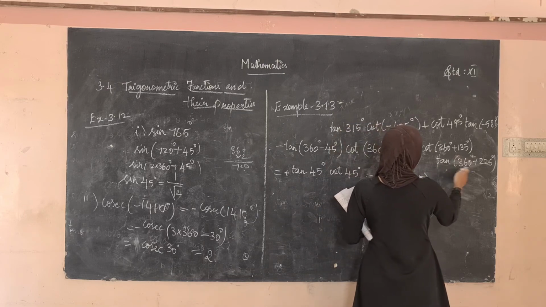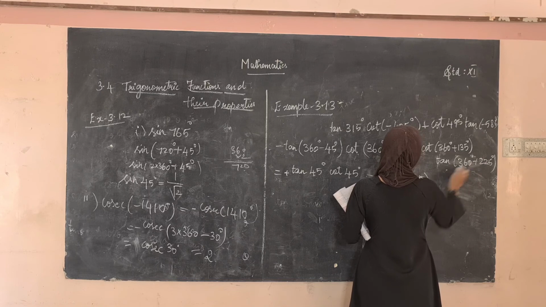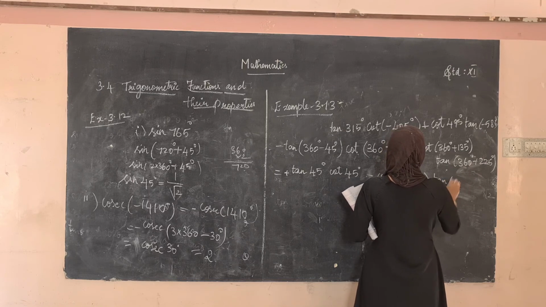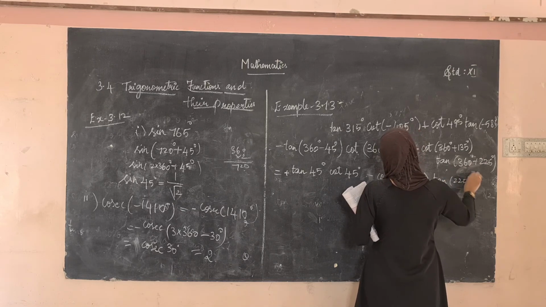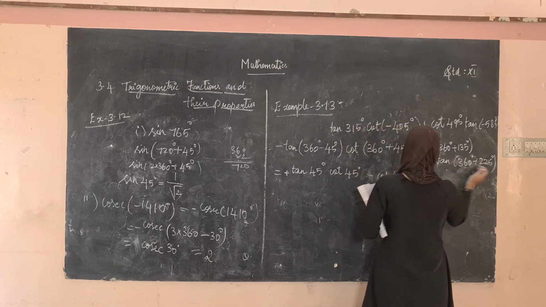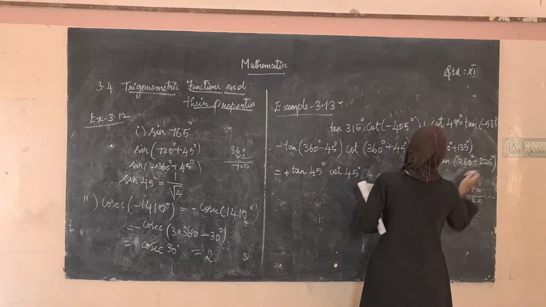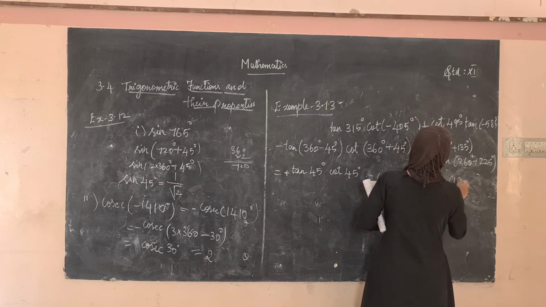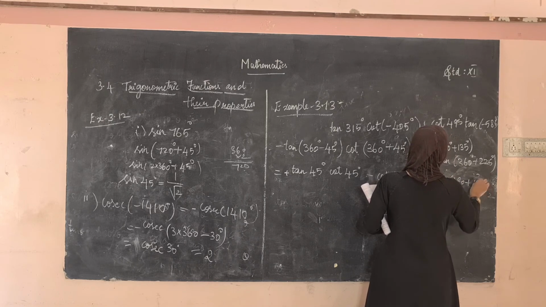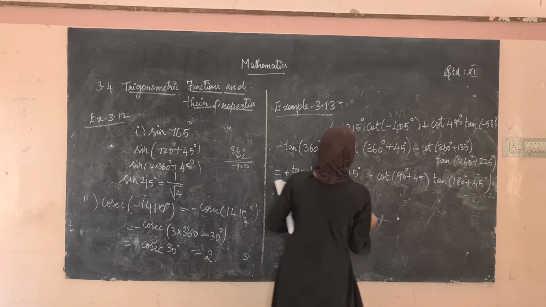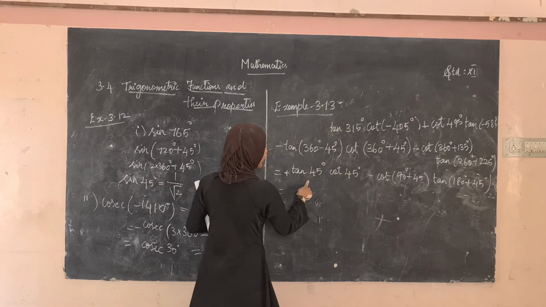Again this tan 360 plus 225 is tan 225 degree. Okay, this 225 can be written as yes 180 plus 45 degree. 180 plus 45 degree. Okay, so this can be written as what is tan 45 cot 45?